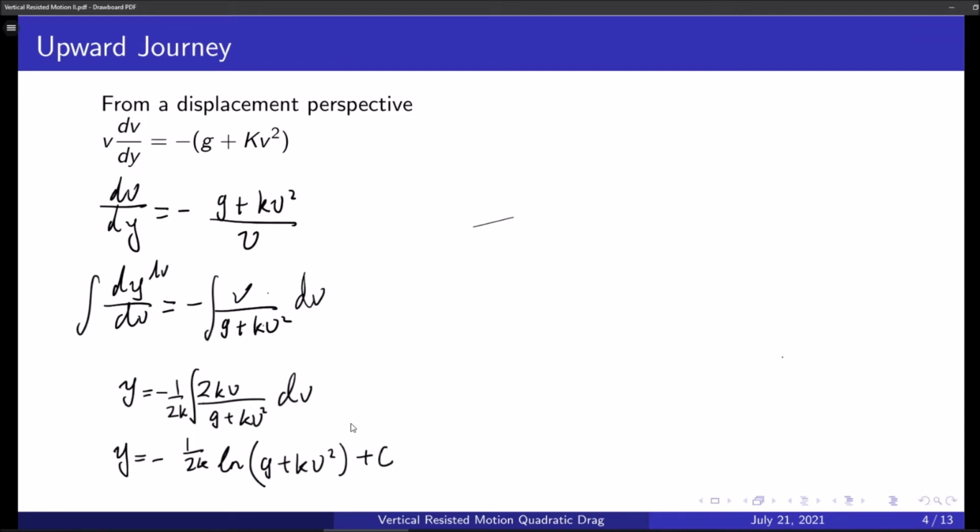To find out what c is, obviously, when y equals 0, we have an initial velocity, v0. So we substitute in, then obviously c equals 1 over 2k log g plus kv squared. And of course, we can combine everything.